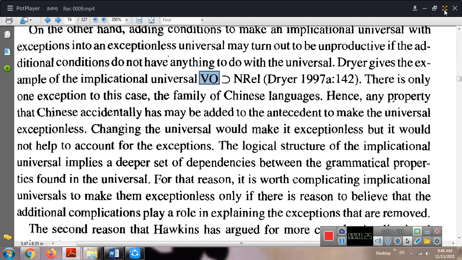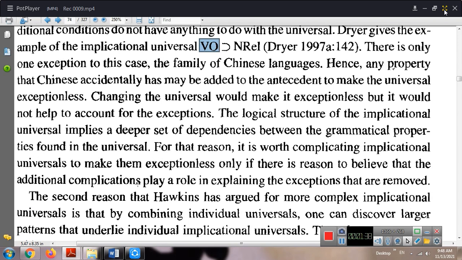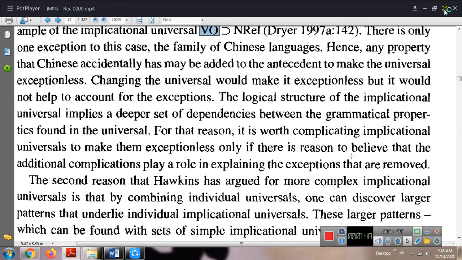The logical structure of the implicational universal implies a deeper set of dependencies between the grammatical properties found in the universal. For that reason, it is worth complicating implicational universals to make them exceptionless only if there is reason to believe that the additional complications play a role in explaining the exceptions that are removed.